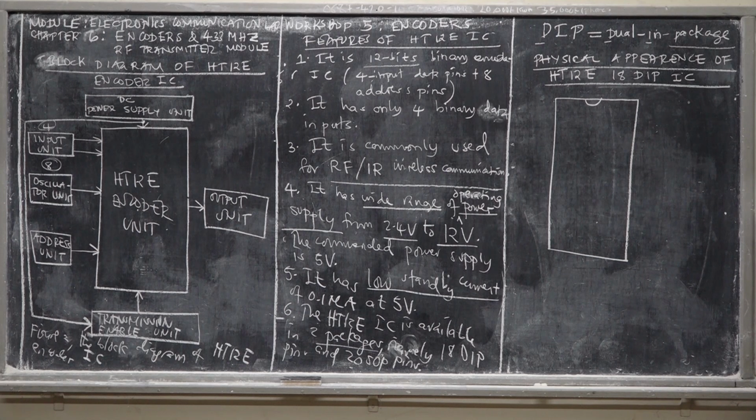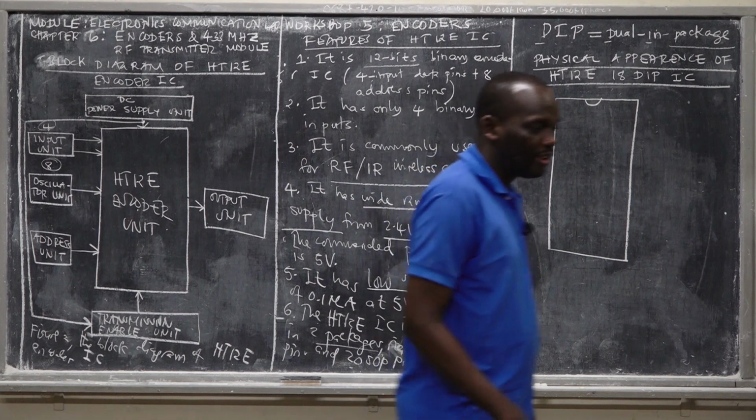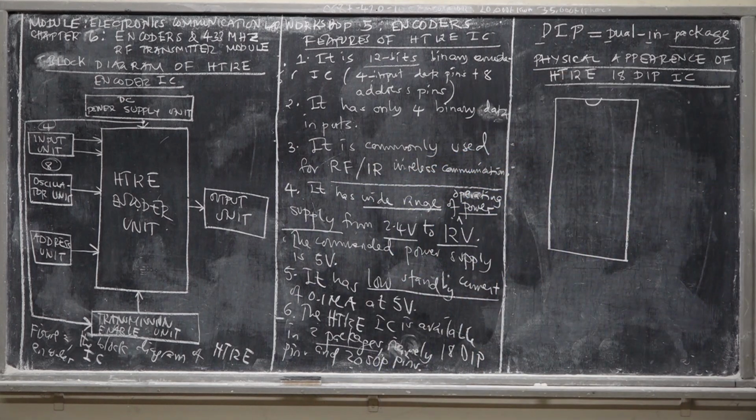Are we together? So if it is 18 pins, you have to take 18 divided by 2. Now, Precious, 18 divided by 2, what do you get? We don't need 2 divided by 18.